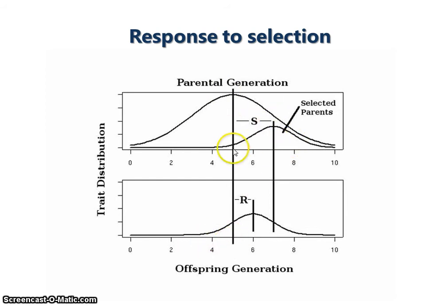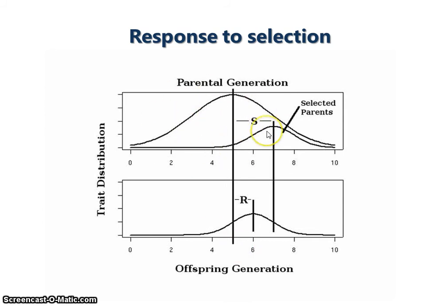So let's say this is a population of plants and you're selecting for plant height, and you want to grow really tall plants. This represents the distribution of the parental generation. You're going to choose a subset of parents to contribute to the next generation. You're not going to allow anybody else to breed over here.